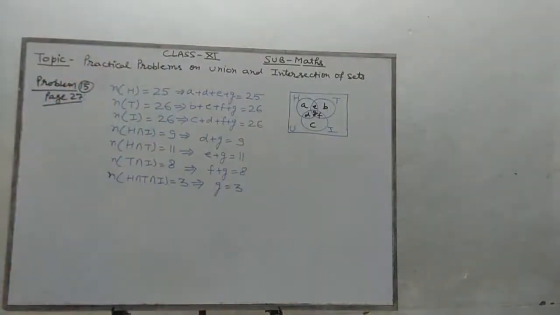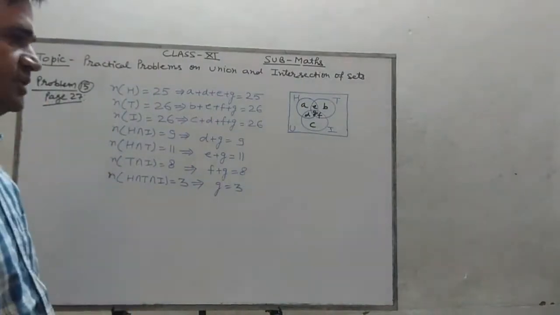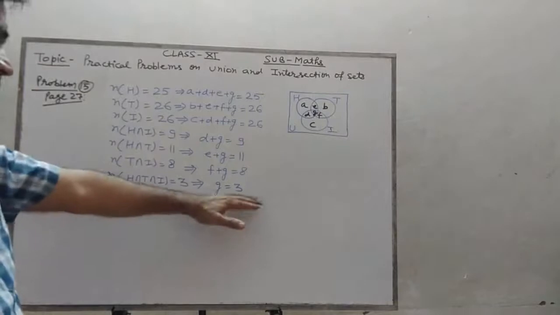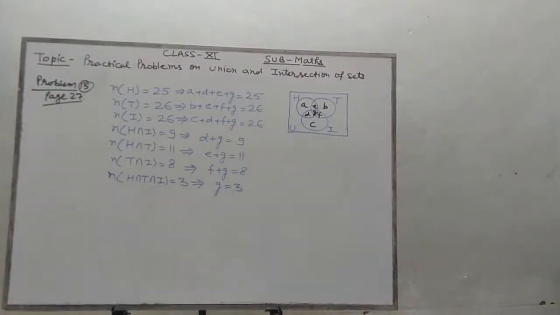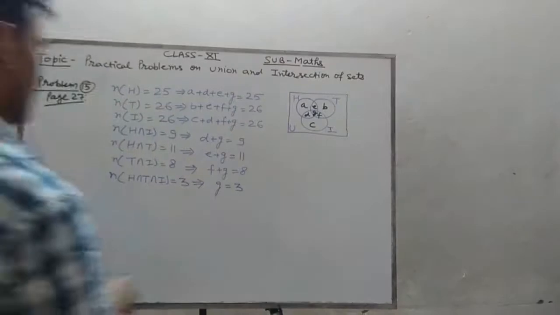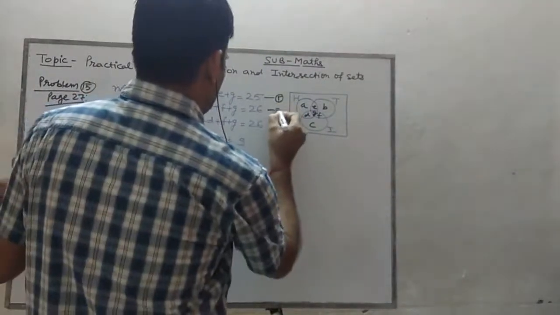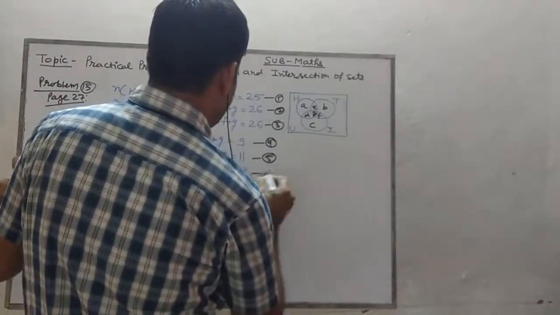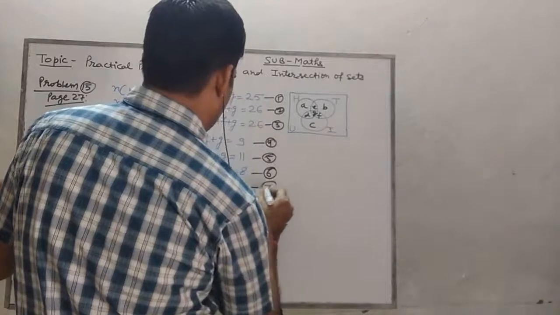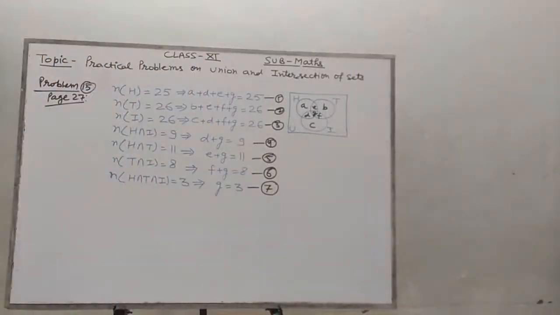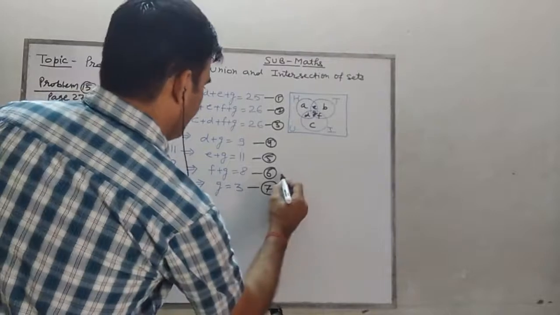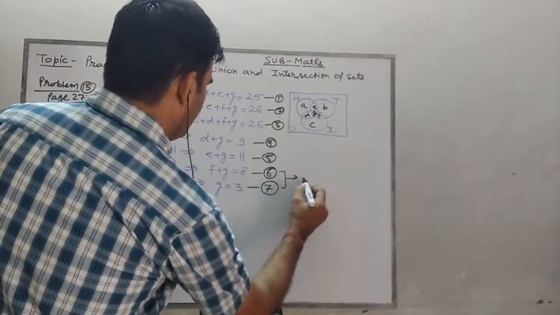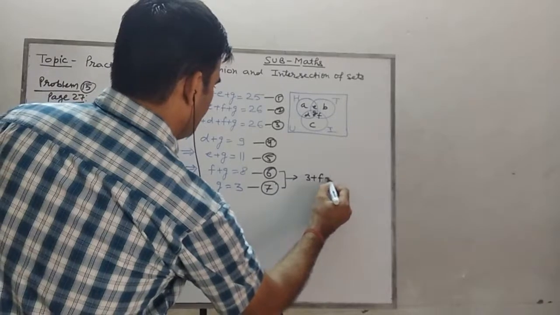Now with the help of it, let us solve. We will start solving from here. G is equal to 3. So if we put the values, we have 7 unknowns and 7 equations. So we can find the values of G, E and all of these. From equations 6 and 7, 3 plus F is equal to 8.